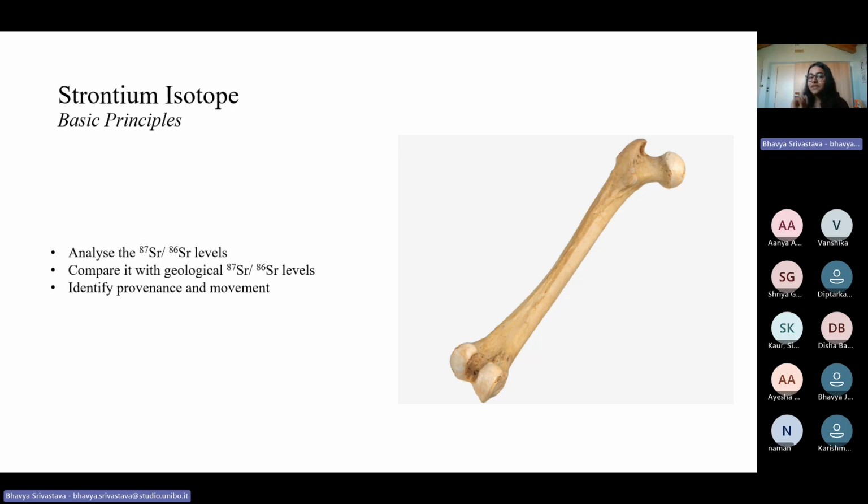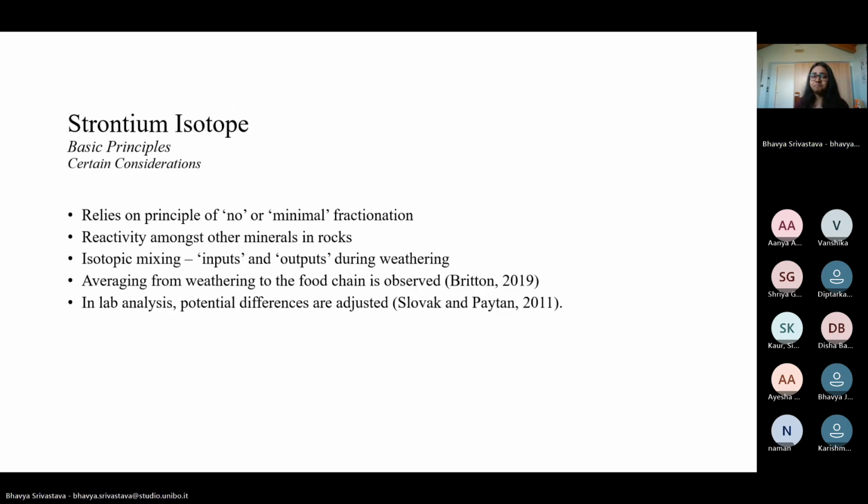It's especially important in the case of strontium because human anatomy further supports understanding different strontium compositions if a person traveled through different regions. I will not complicate it further here. I will end with the basic principle, and let's consider some important things as well while we're talking about this fairly simple comparing part.